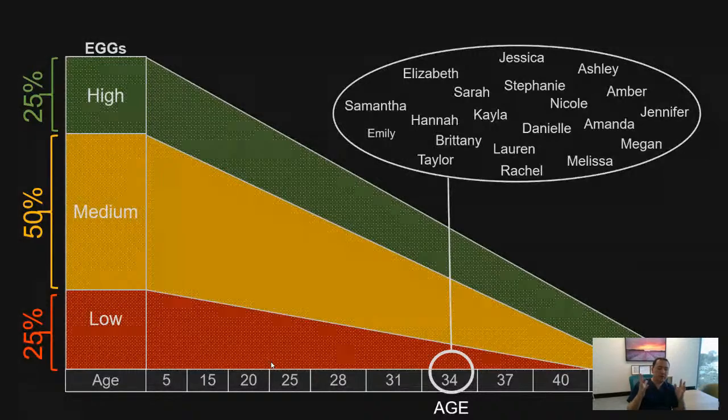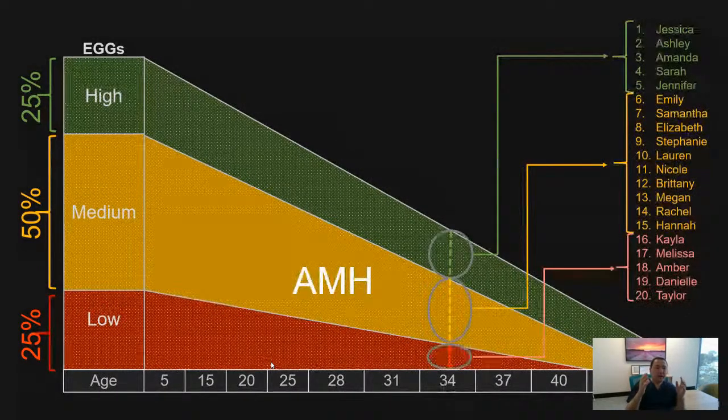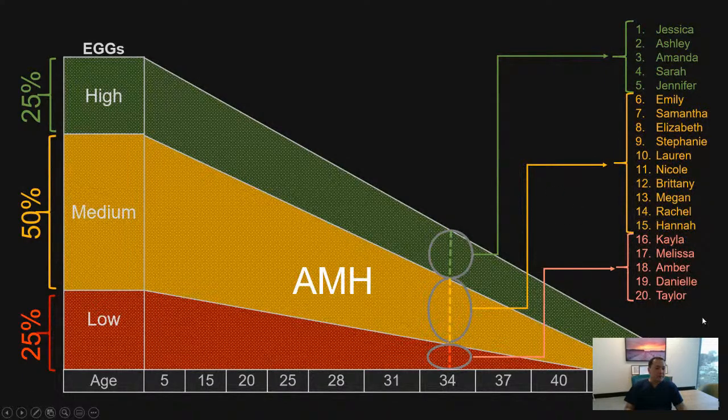All of them are 34. If you just go by their age, you think that they have similar or the same fertility. But when you check their anti-Mullerian hormone levels, you can actually determine they have 3 different levels of ovarian reserve and fertility. Let us say these 5 patients have a very low ovarian reserve, these 10 patients have a good normal ovarian reserve, and these 5 have a very high ovarian reserve.